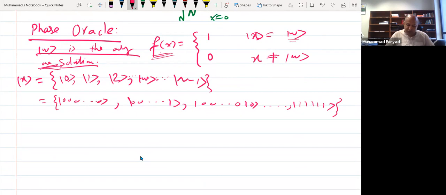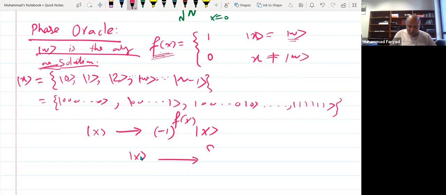So if you want to think in terms of phase, this is an oracle that transforms x to (-1) to the power f of x times x, which actually means that x goes to minus x if x is equal to W, and it remains x if x is not equal to W.